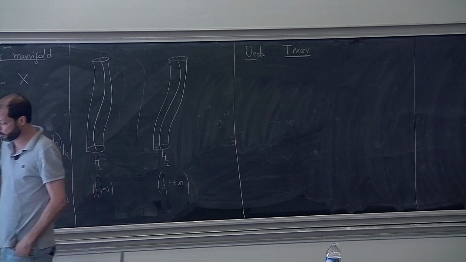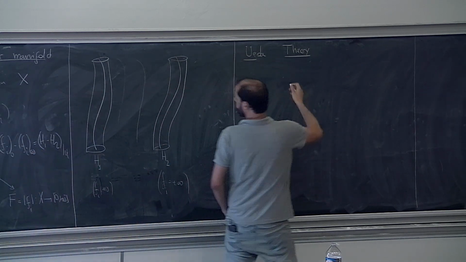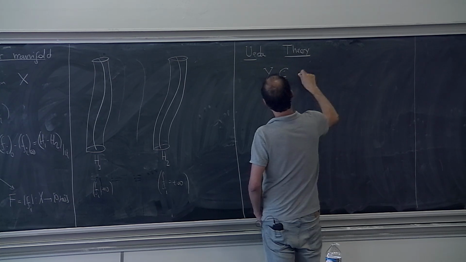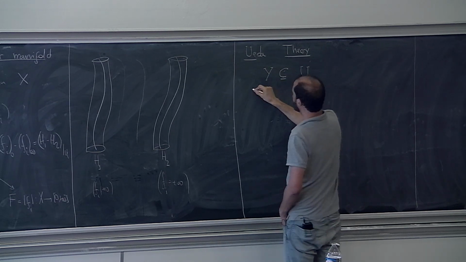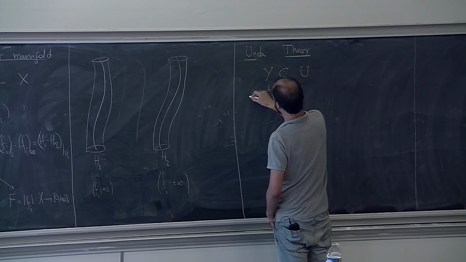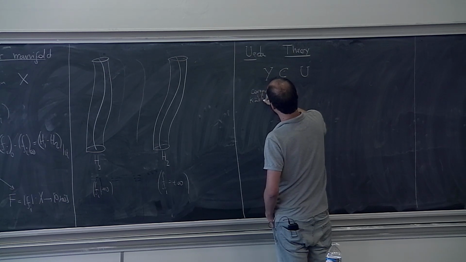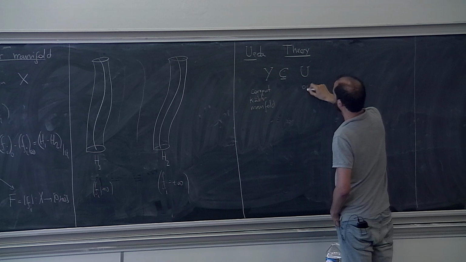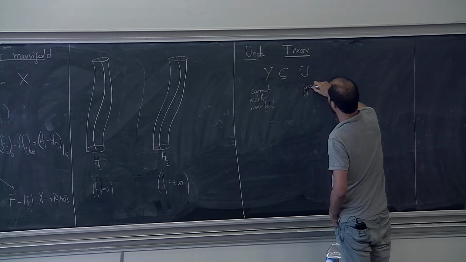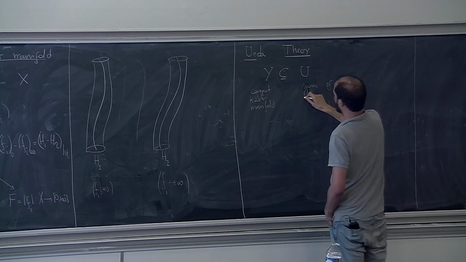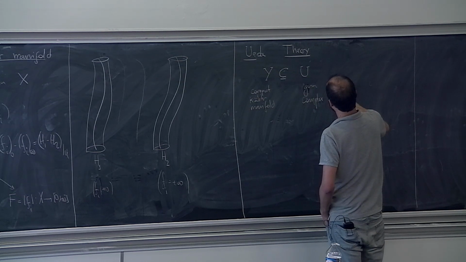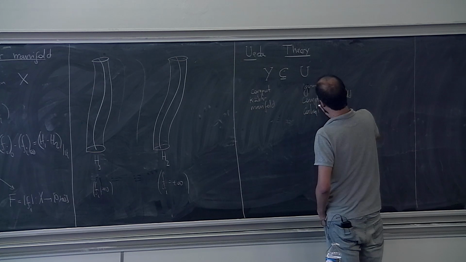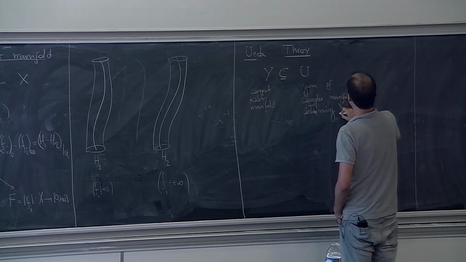So the basic question is the following. So let's assume that now I have Y contained in U. Let's say that Y is a compact Kähler manifold, and U is just a germ of complex manifold containing Y as a hypersurface.